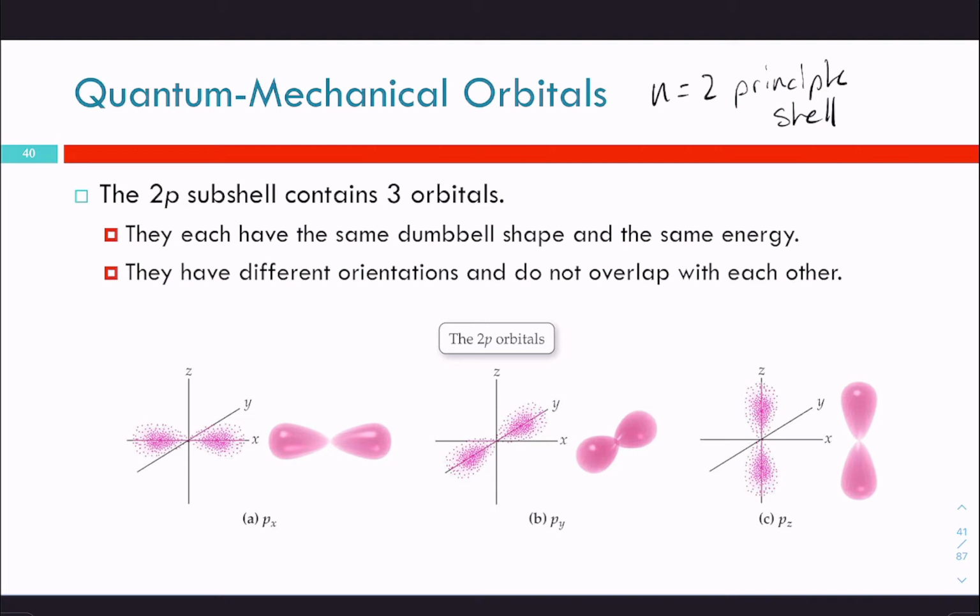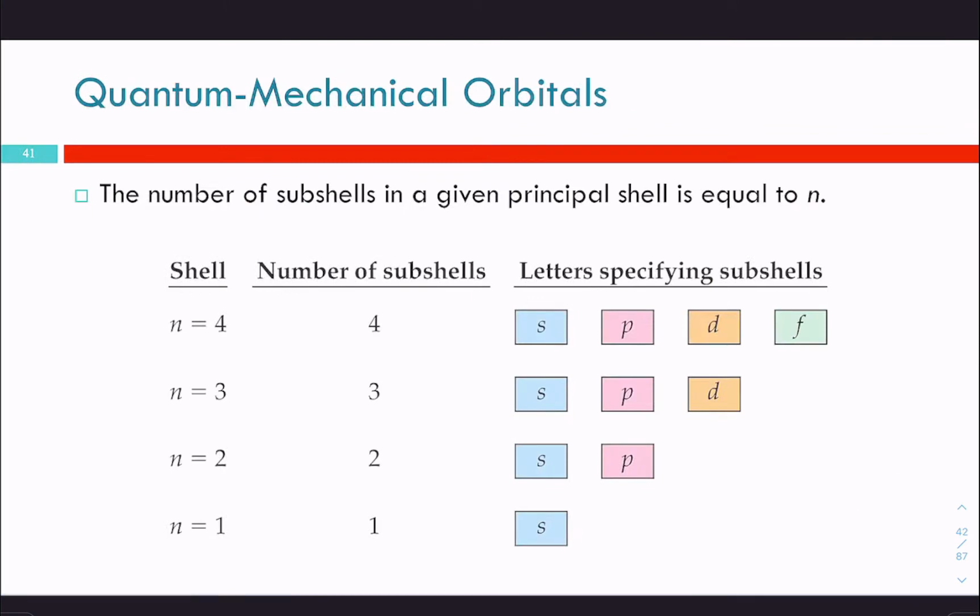And again, like our s orbitals, if you go from 2p to 3p to 4p, it's the same shape, just a little bigger each time, with higher and higher energy. Then if you get all the way up to n equals 3, we add another type of subshell, and those are the d orbitals.